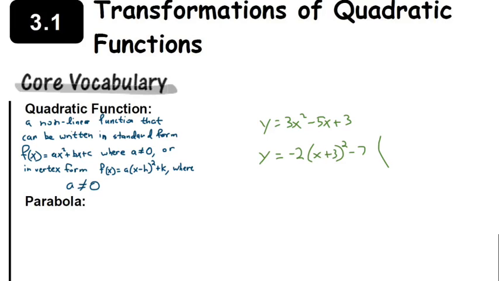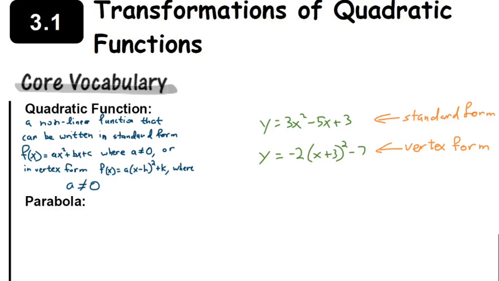That would be a quadratic in vertex form. Let me label these: this is standard form, and this would be vertex form. The reason it's called vertex form is you can easily pull the vertex out of it, once you know what you're looking for.